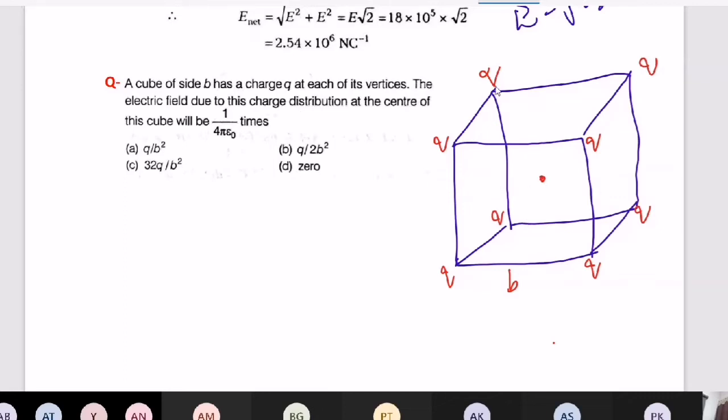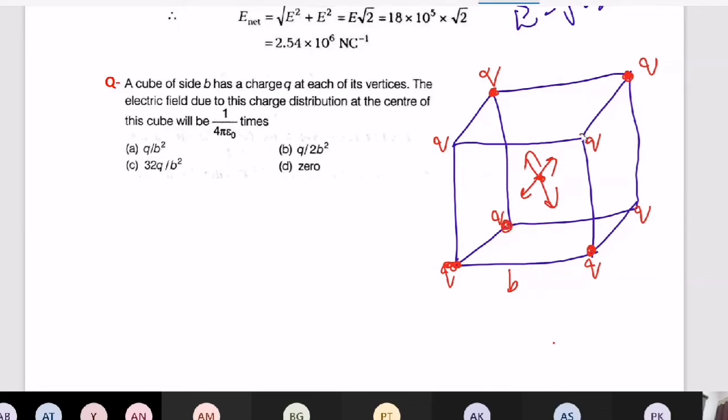Now consider this charge and this charge at opposite corners, so these fields are equal and opposite because the distance is the same. Similarly, this charge and this charge are exactly diagonally opposite corners, so these fields are also equal and opposite.